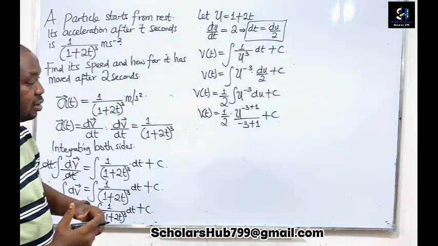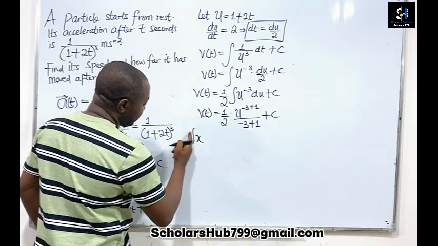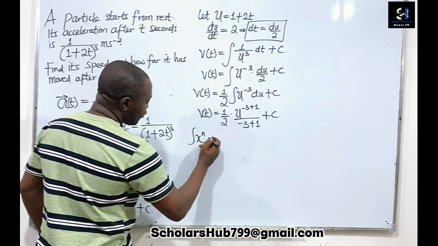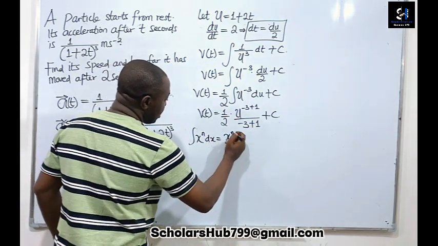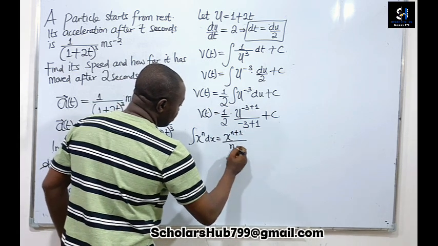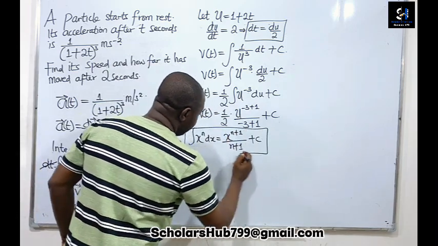The rule I apply in this case is that if you have the integral of x^n with respect to x, it will be x^(n+1) over (n+1) plus the constant of integration.